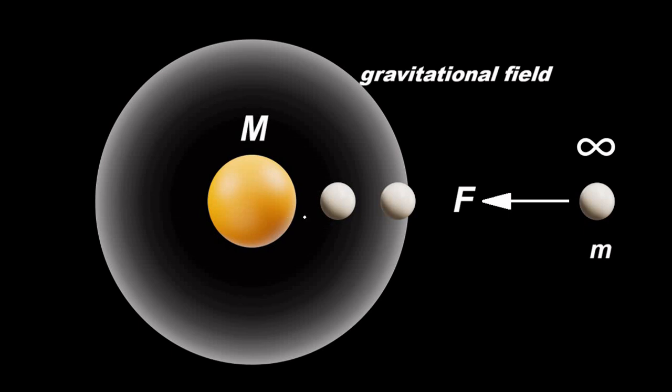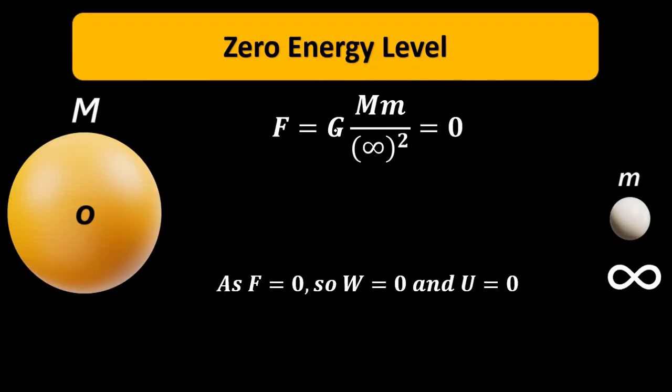When the distance is infinite, there is infinite separation between these two masses, the mutual gravitational force will be G M m by infinity squared, so it will be 0 because of infinity in the denominator.